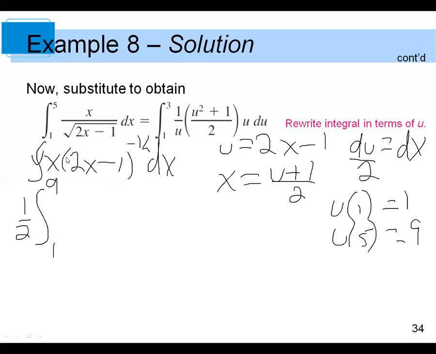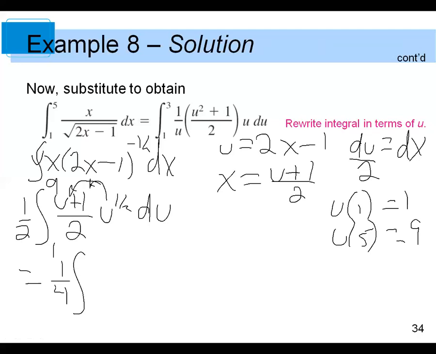The x gets substituted with u plus 1 over 2, and the 2x minus 1 gets substituted with u, so it'd be times u to the 1/2. And the dx gets substituted with du over 2. I already put the 1/2 out here, so it's just going to be du. So that'd be 1/4. I'm going to factor out this 1/2, and then the u to the 1/2 is going to distribute to both of those. So the integral of u to the 3/2 plus u to the 1/2 du.